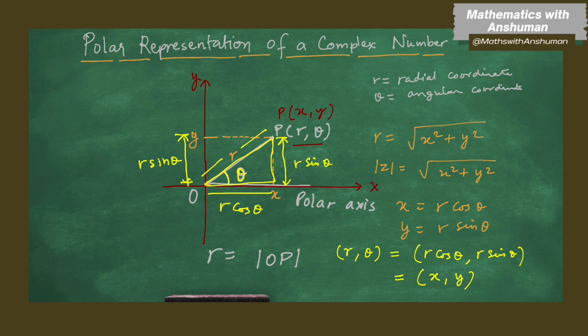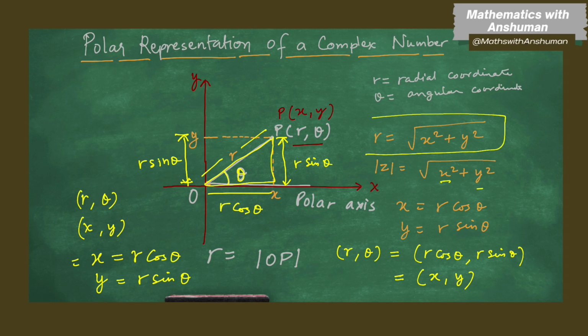So if r and theta are given, and you have to find the value of x and y, then you simply write x is equal to r multiplied by cos theta, and for y, you write r multiplied by sin theta. And if you are given the x and y values, then you can find r by using the formula r is equal to under root x square plus y square.